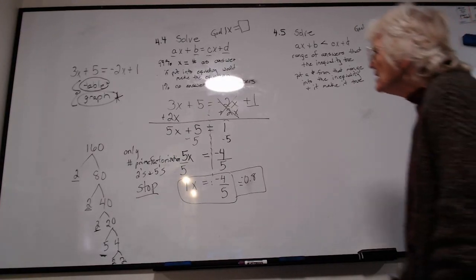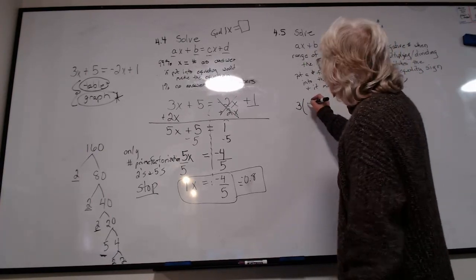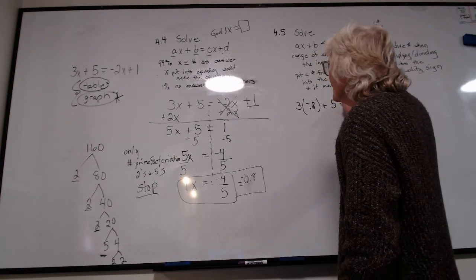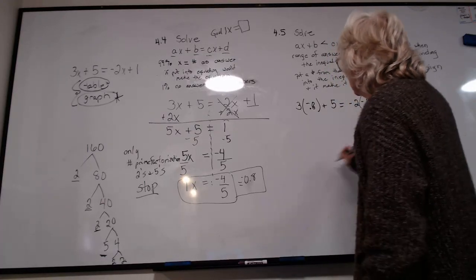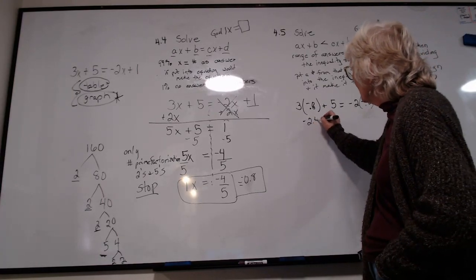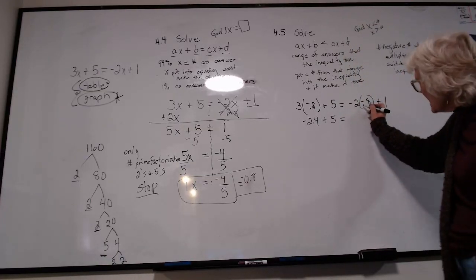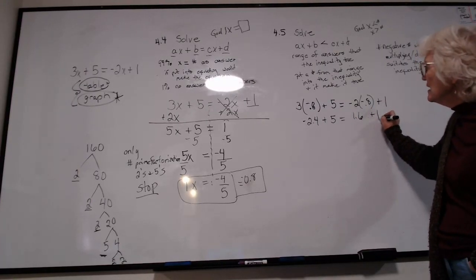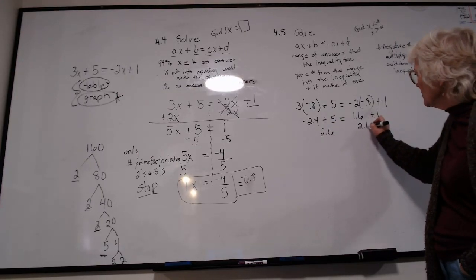To check this, we're going to go back and put it in. So we can do 3 times -0.8 plus 5 equals -2 times -0.8 plus 1. 3 times -0.8 is -2.4, plus 5 gives 2.6. -2 times -0.8 is positive 1.6, plus 1 gives 2.6.